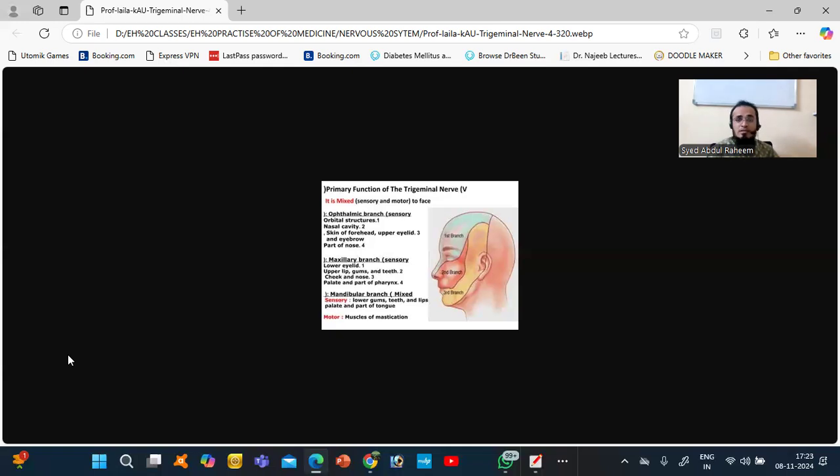And the third branch is the mandibular branch. Mandibular supplies the lower gums and teeth, lower lips, lower palate, and some part of the tongue. And for mastication, whatever muscles we need for chewing, the trigeminal nerve supplies them. So the trigeminal nerve is very, very important.